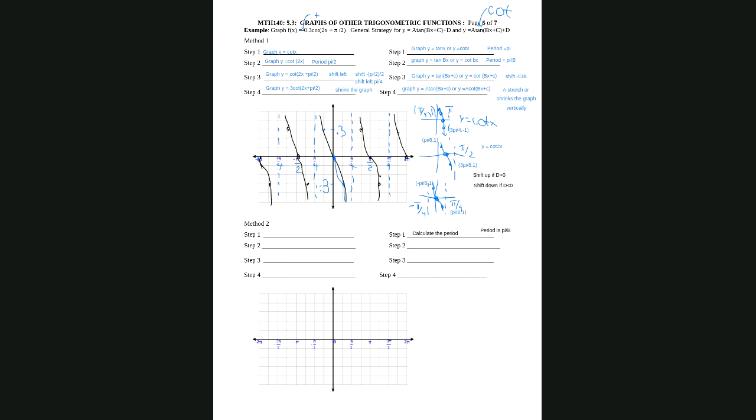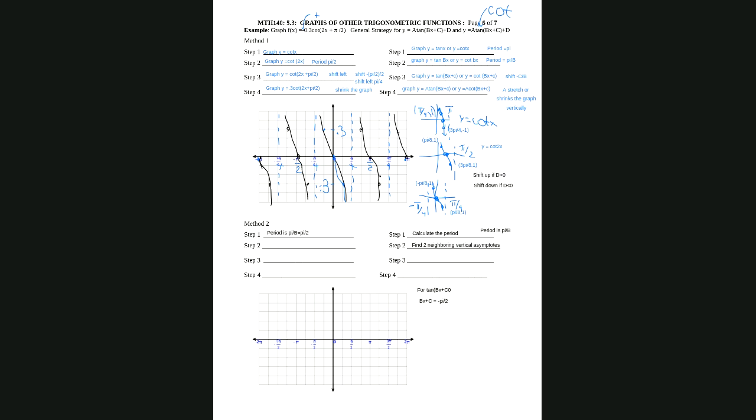And then the next step is to find two neighboring vertical asymptotes. Okay? And for the tangent function, if we're doing the tangent of bx plus c, to find the asymptotes, we would say bx plus c is equal to negative pi over 2, and bx plus c is equal to positive pi over 2.